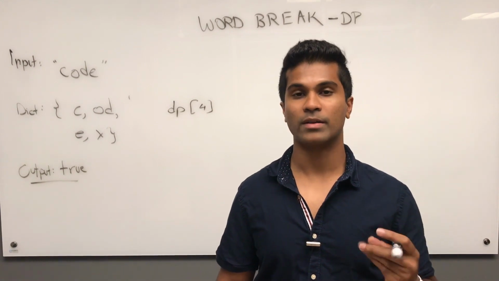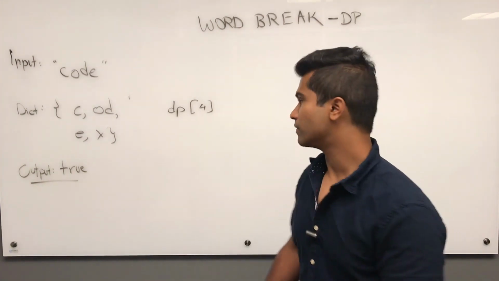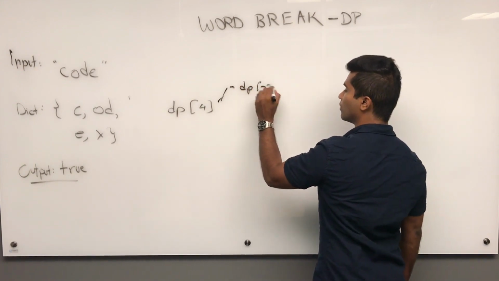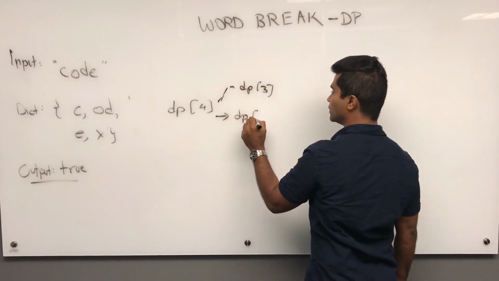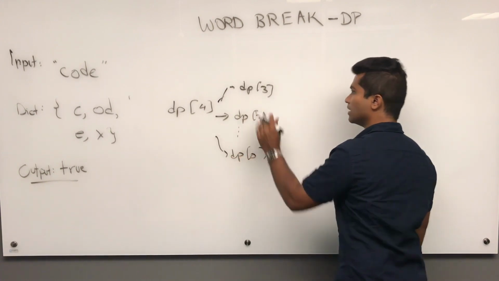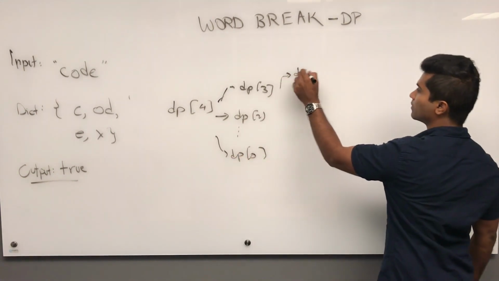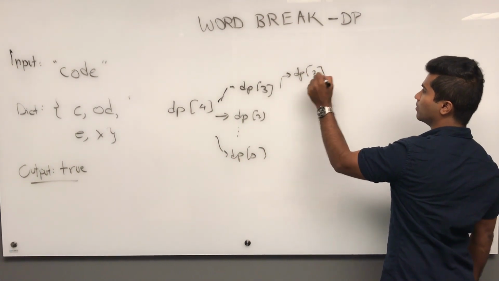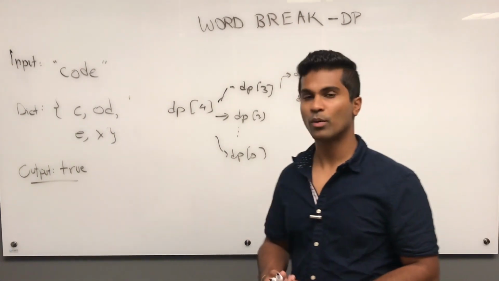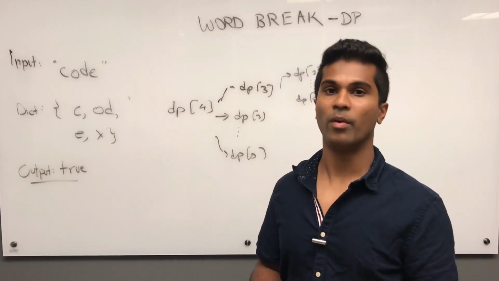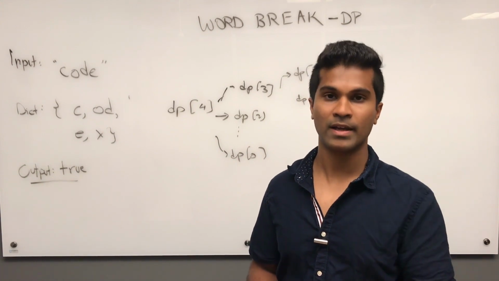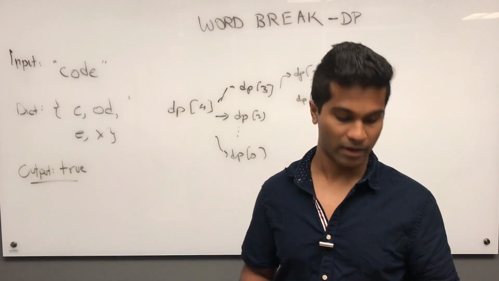So it can be true if any of these is true: DP of 3, or DP of 2, DP of 0. And these themselves are going to have different dependencies. So what we do is we calculate from the bottom up. First we do DP of 0, then we do DP of 1 based on that, then DP of 2 based on what we have already.